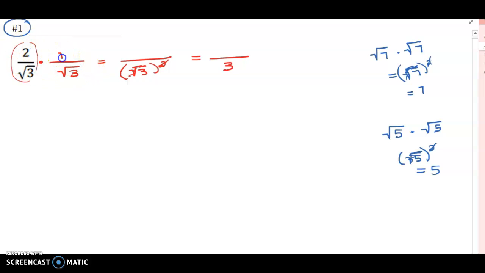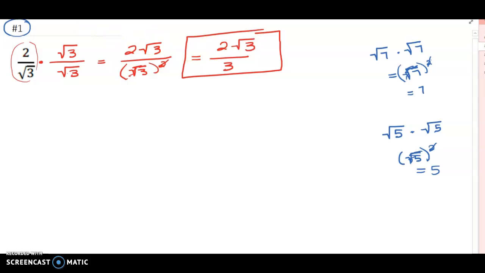Right? So I can multiply it by the square root of 3 over the square root of 3. And that's because the square root of 3 over the square root of 3 is just 1. And when I do that, I get 2 times square root of 3. Okay? And 2 times square root of 3 doesn't simplify. So this here is my final answer.